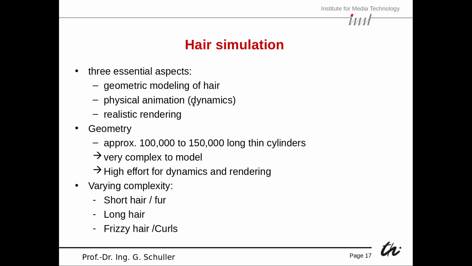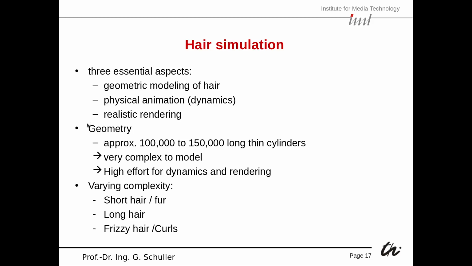Yeah, then hair is another kind of fabric. So here we have three essential aspects. We have a geometric modeling of the hair. Then we have the physical animation, the dynamics of hair, and we want to have a realistic rendering.